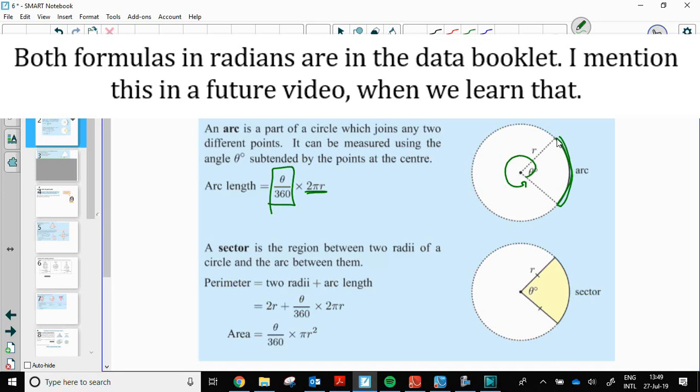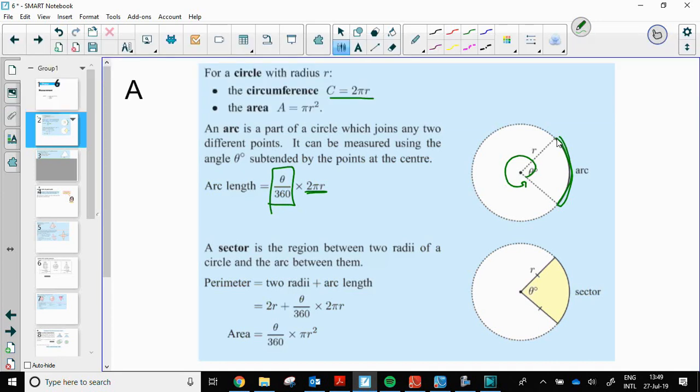But anyway, down below we've got a sector, and a sector is just a portion of the circle's area, as long as it is contained between two radii like that. It's like a pizza slice, right? And I want to just distinguish right now between a sector and what is called a segment. A segment would be that area there.